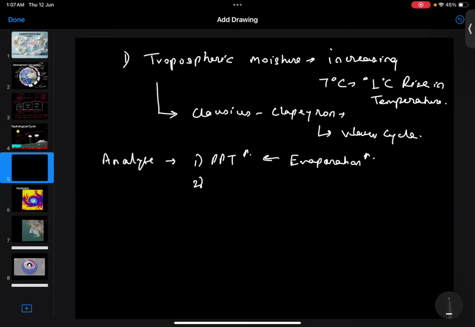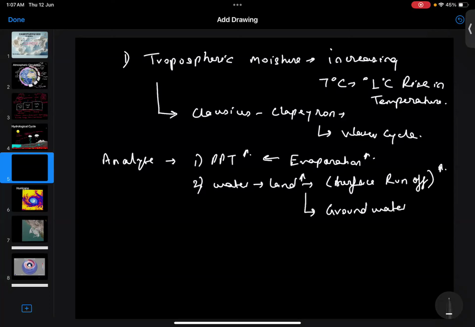But in the third part, the water over land is also increasing, but it is resulting more in surface runoff. It is increasing, while at the same time there is a decline in groundwater. The groundwater is declining.